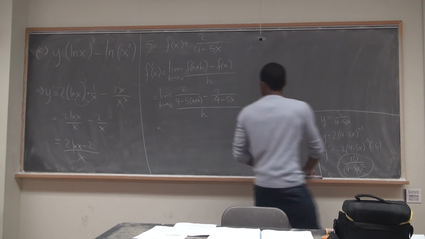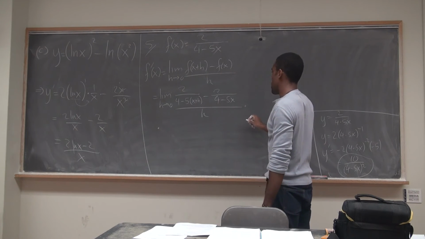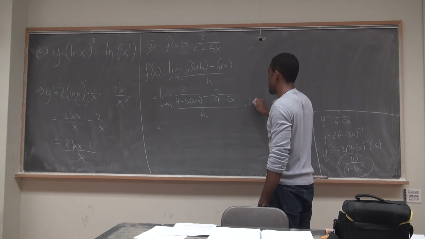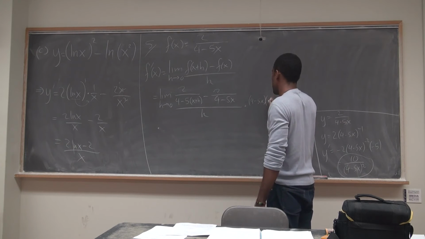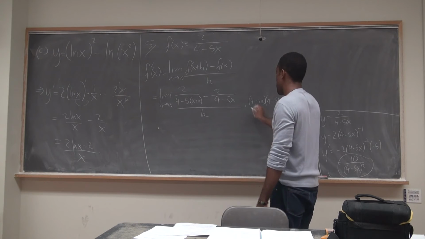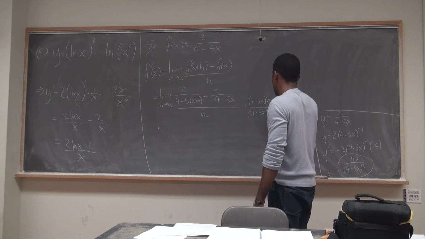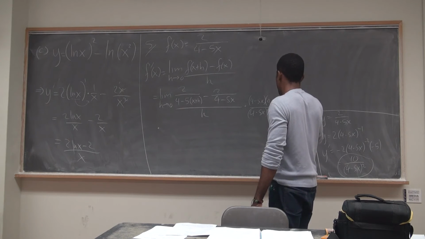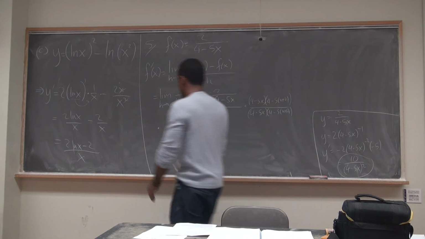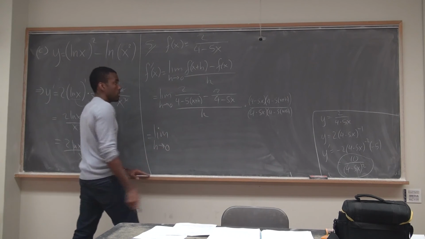We have a complex fraction. So I'm going to multiply top and bottom by the LCD, which is, in this case, just going to be the product of the denominators.